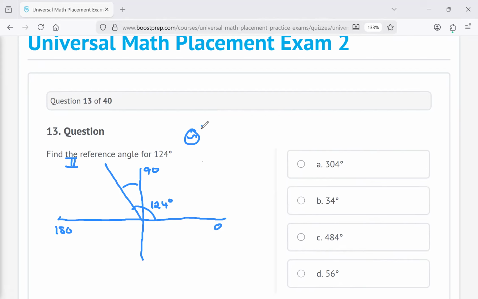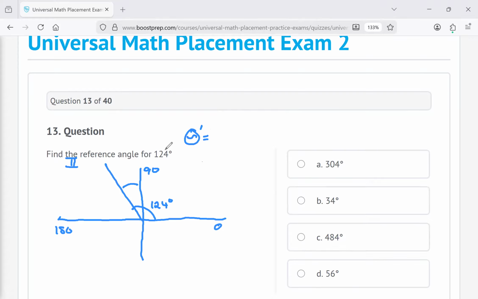I'm going to say theta prime represents your reference angle, and you just need to know the rule. Let me double check. Yes.